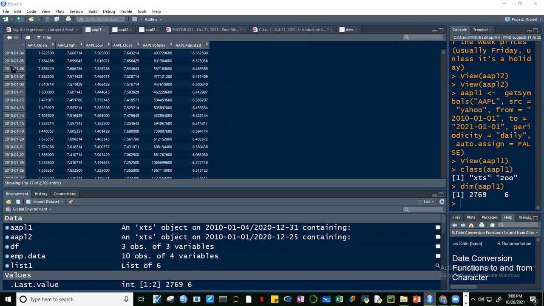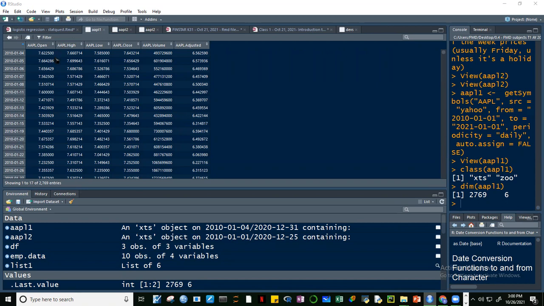So that means that on January 4, when the stock market opened, Apple had an opening price of 7.622. And then it closed at 7.664. So the ending price, the closing price of Apple, was higher than the opening price.